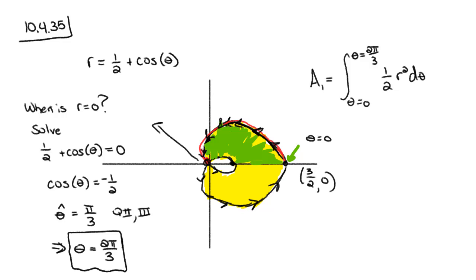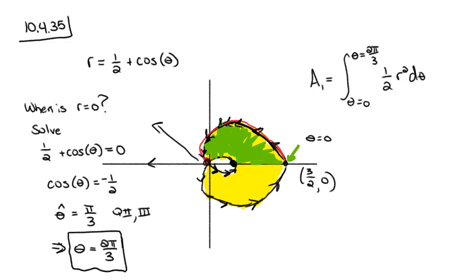The next thing we need to lose is all of this inner loop right there, that top inner loop. And that top inner loop starts when I'm facing an angle of pi. When we're facing an angle of pi, cosine of pi is -1, so 1/2 minus 1 is -1/2, so we're right here, following my direction arrows.